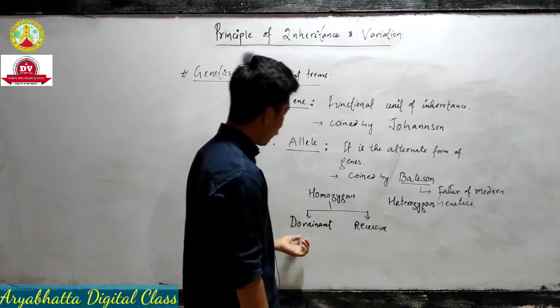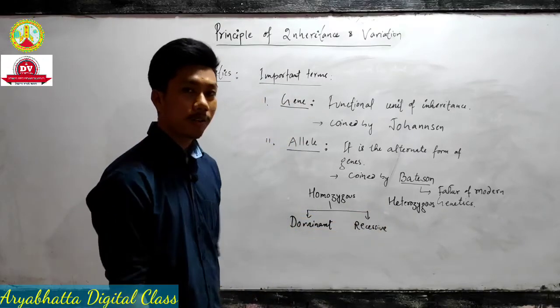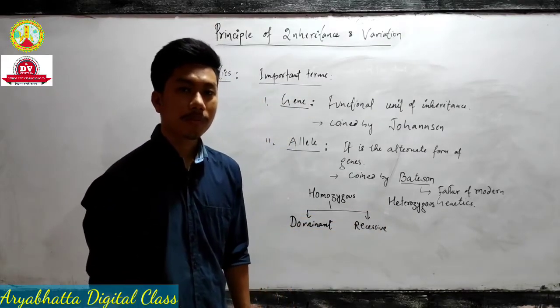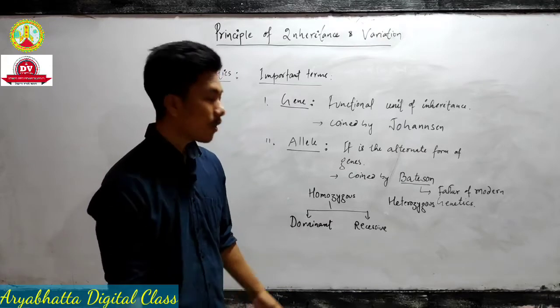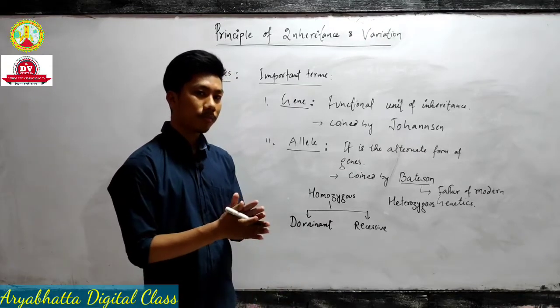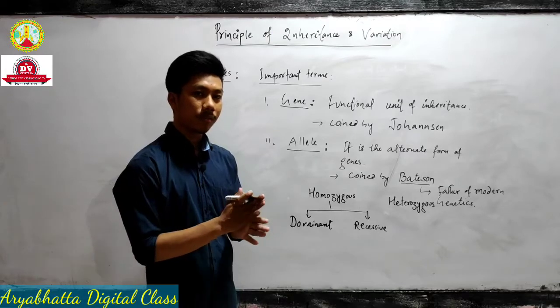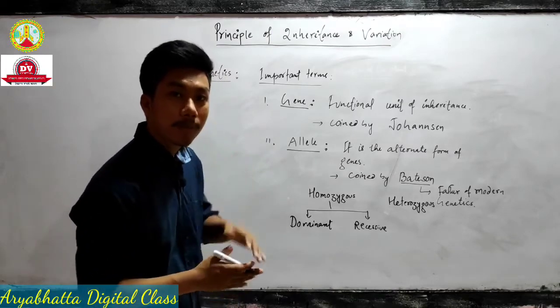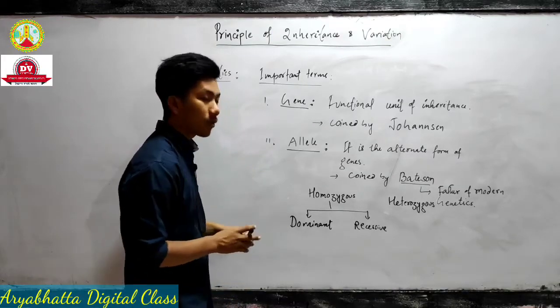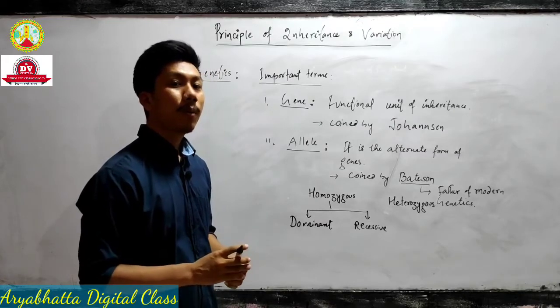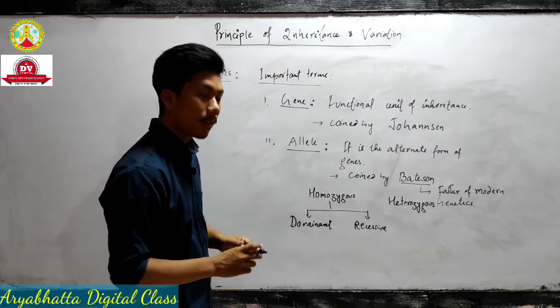So homozygous dominant we represent in the form of capital letters. Suppose here we are talking about tall pea plants.